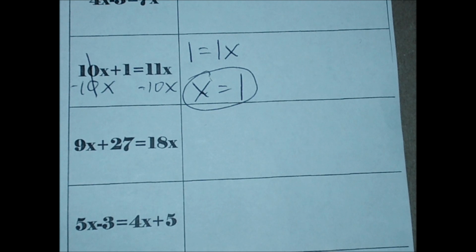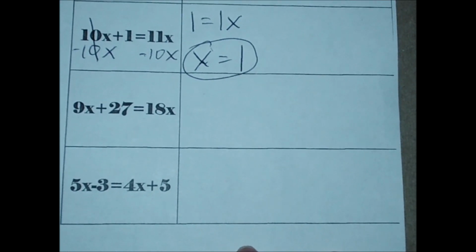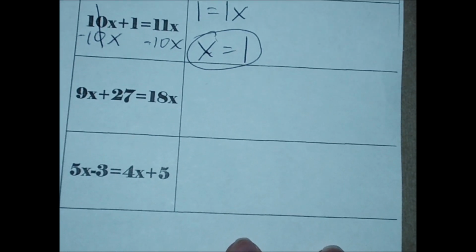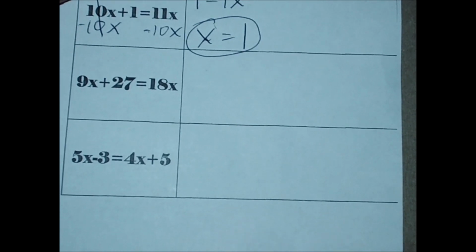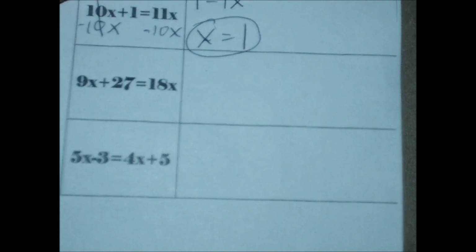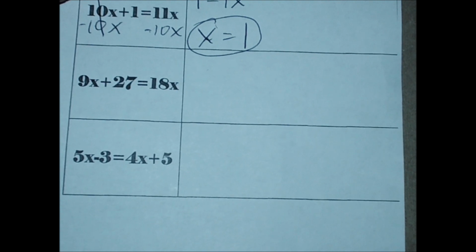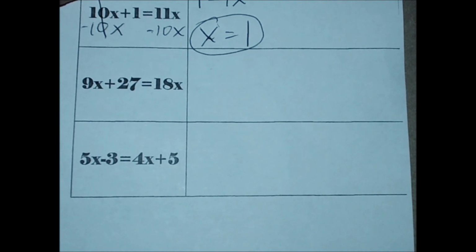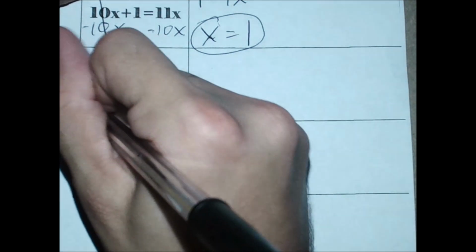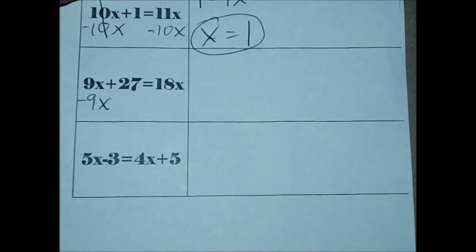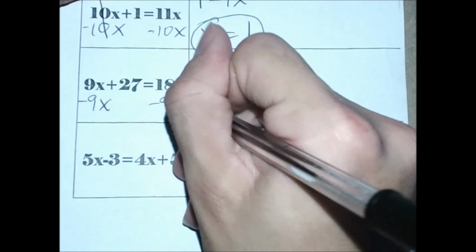Questions? No. 9x plus 27 equals 18x. I need to move the x's to the same side. Samara, what would I do? Minus what? Minus 9x on one side and on the other side.